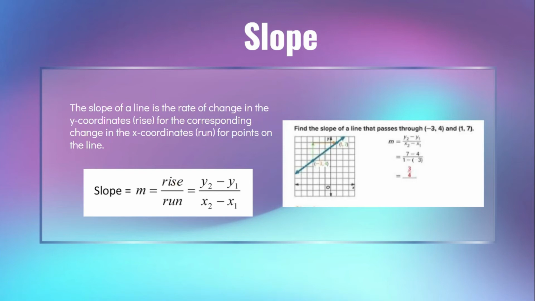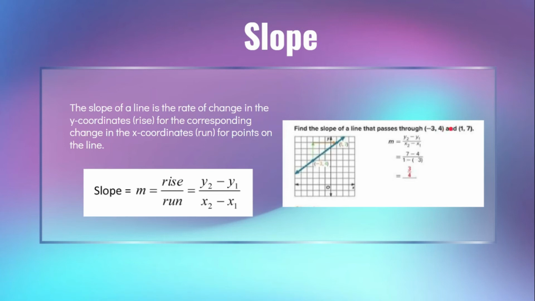If we look at this example, we are given 2 ordered pairs, and we are going to apply these 2 ordered pairs to the slope formula. So slope is represented by m. Our first ordered pair is -3 and 4. So -3 is x1 and 4 is y1.